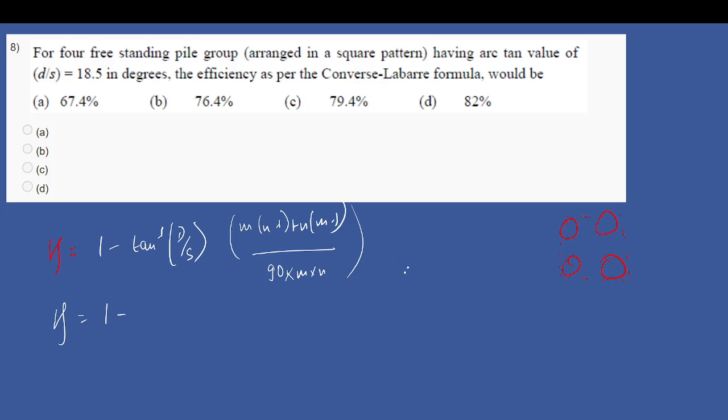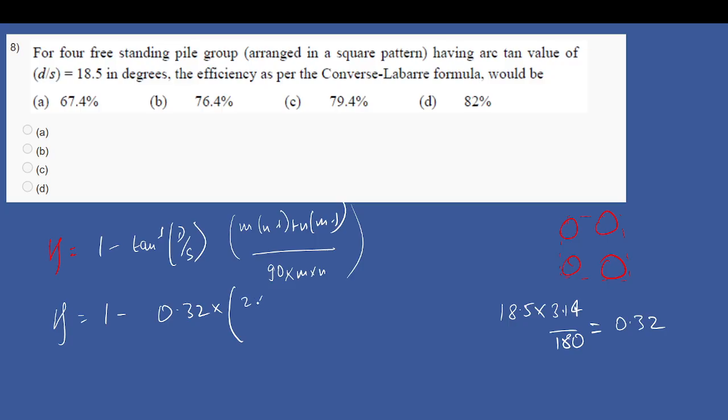I think in radians that would be 18.5 into 3.14 divided by 180. How much is this? 0.32. 0.32, right? So this is 0.32.